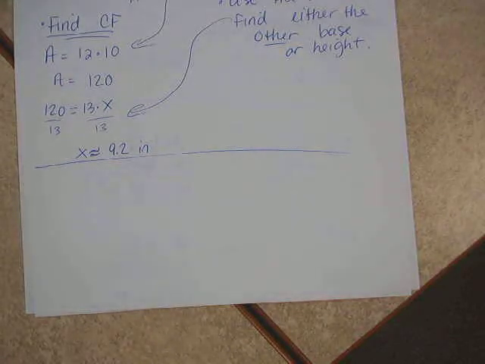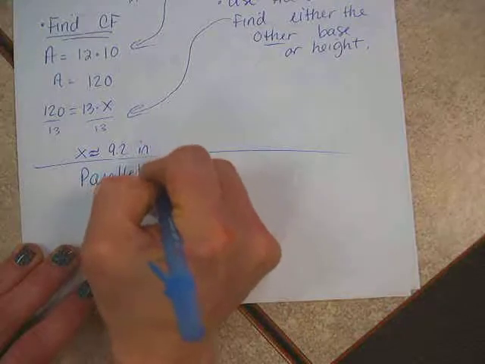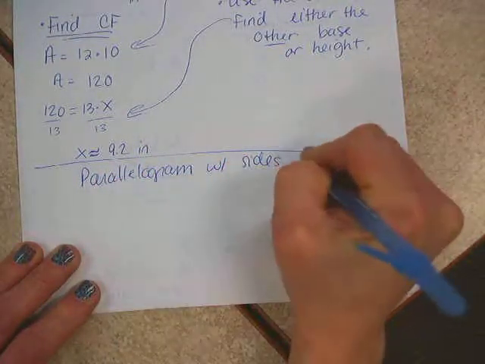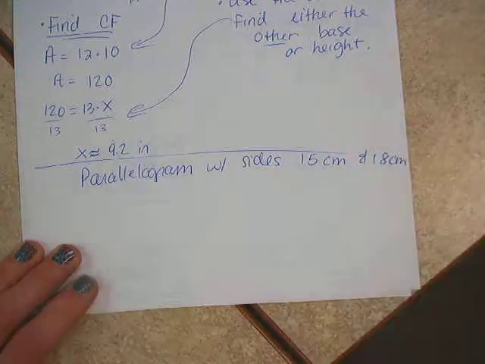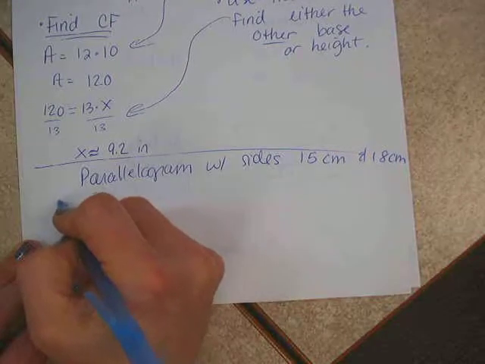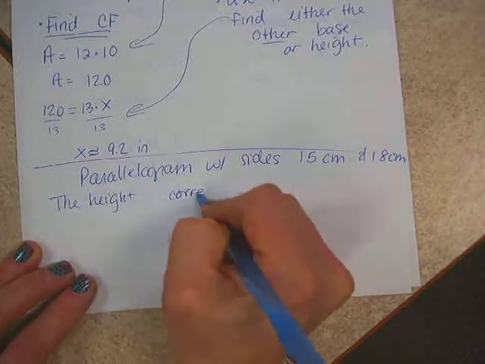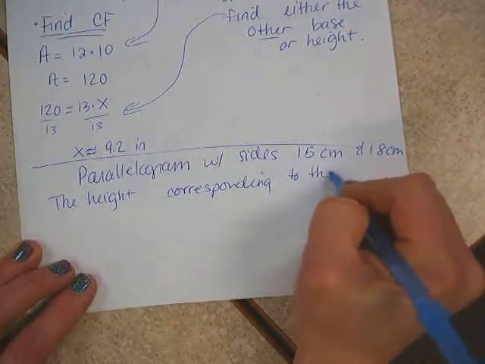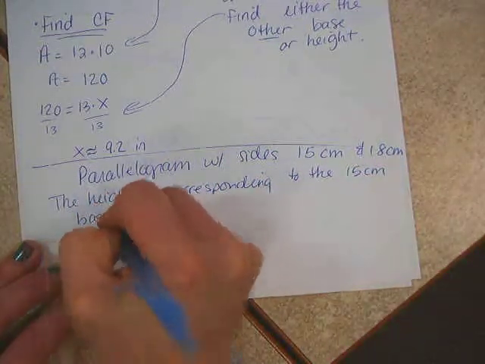All right, so we're going to try another one. Now, this one we're going to do this. Some of them you'll have will be in Word, and you're going to either sketch it out, or if you already know how to set it up, that's fine as well. So we have a parallelogram with sides 15 centimeters and 18 centimeters.